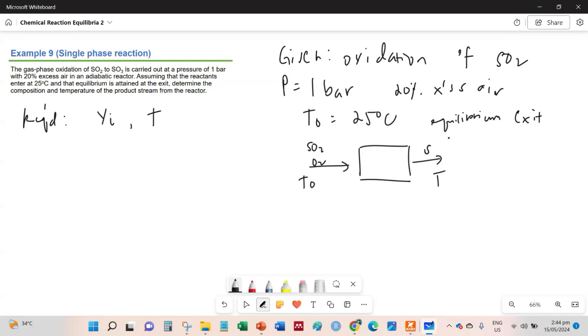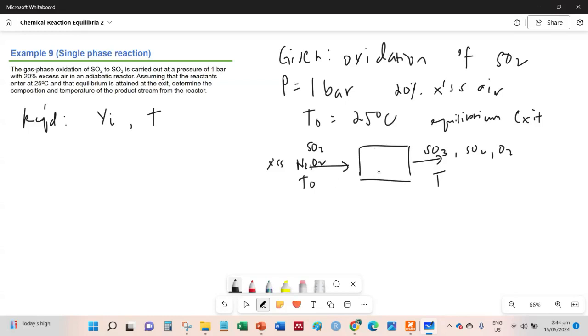The products are SO3, but we also have the unreacted SO2 and O2. So hold on, air is also entering. So there's N2 and O2, in excess air, so excess N2 and O2.